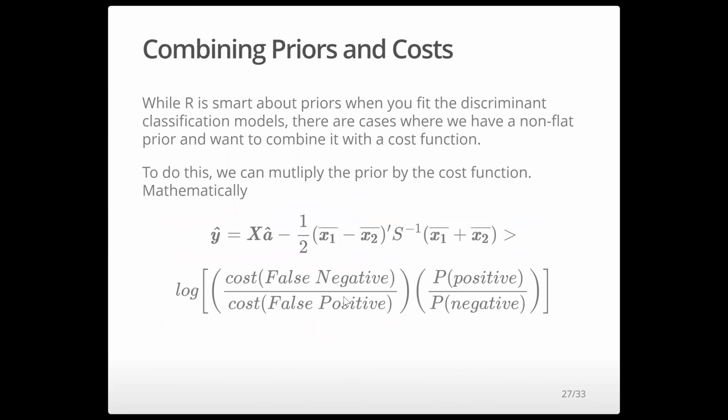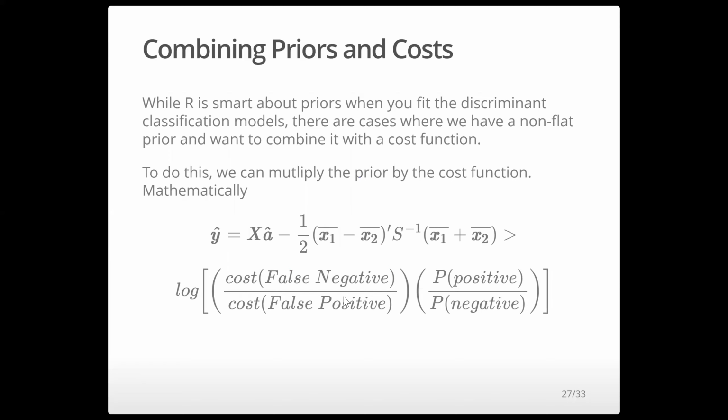So while R is smart about priors when you fit the models themselves, there are cases where we have a non-flat prior and we want to combine it with a cost function. When the prior is flat and we want to use a cost function, we can just think about the cost function. When we have both an unbalanced data set and a cost function, we have to get a little fancy again.